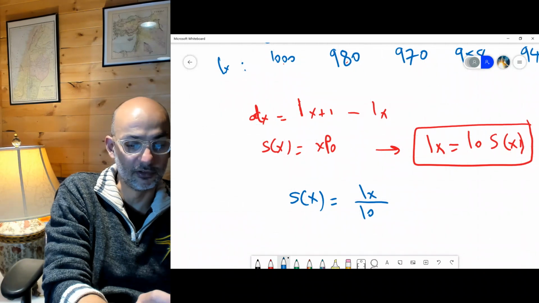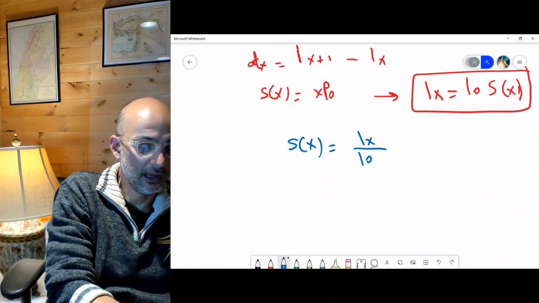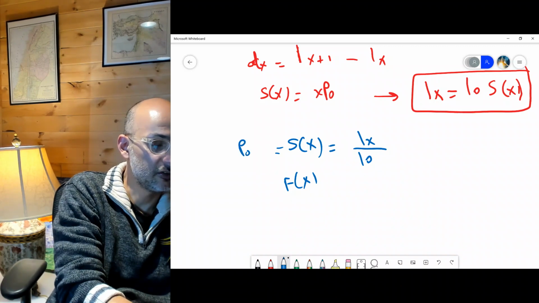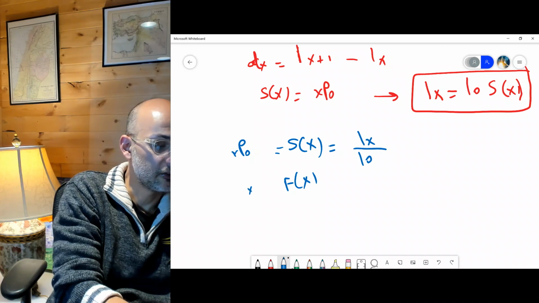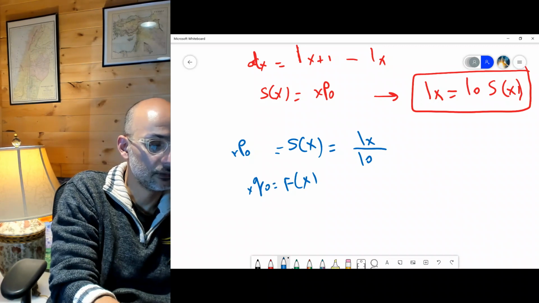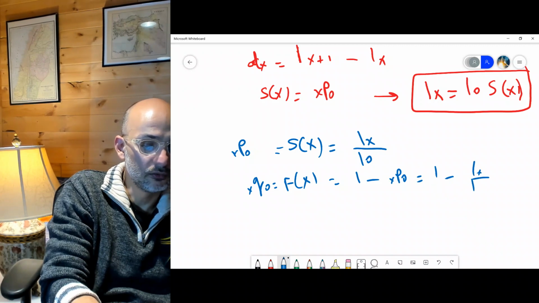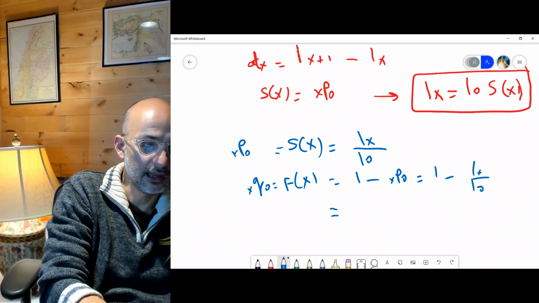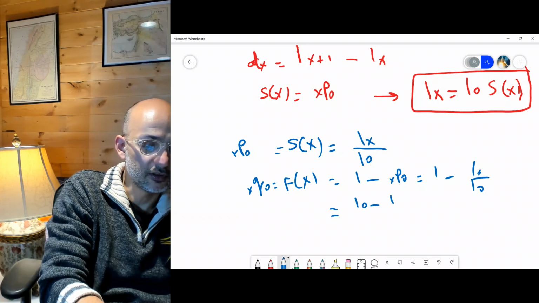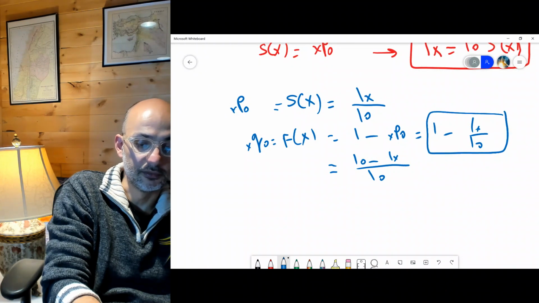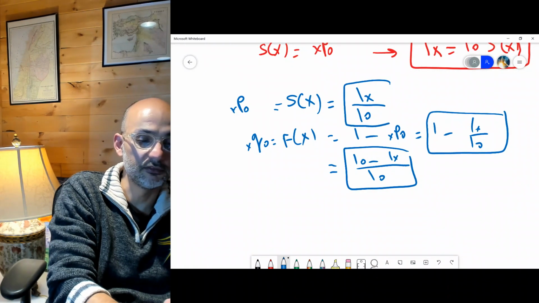And the f of x, remember, this is x q0, which can be 1 minus x p0, which is 1 minus Lx over L0. But you can also think about it as L0 minus Lx divided by L0. All of these you need to memorize. They are simple. There is nothing difficult about them.